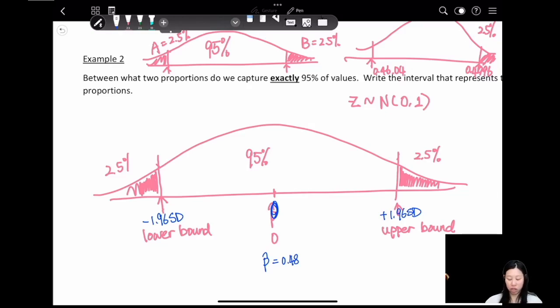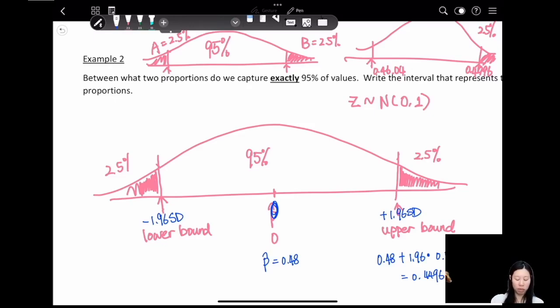Its upper bound should equal the center plus 1.96 of the standard deviation, which in our case should be 0.001. So use a Google calculator. You will get, hey, this is equal to 0.4496.